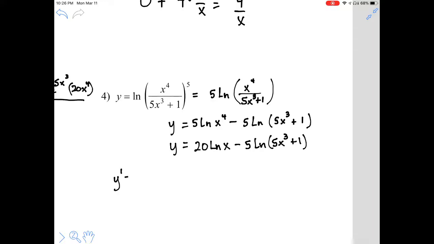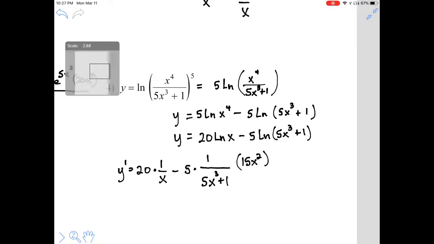Now we can do a derivative of this first term. The 20 is just a coefficient, and then the derivative of natural log of x is 1 over x. Now the derivative of that term, the 5 is just a coefficient, and then the derivative of natural log of 5x cubed plus 1 is 1 over 5x cubed plus 1 multiplied by the derivative of 5x cubed plus 1, which is 15x squared.